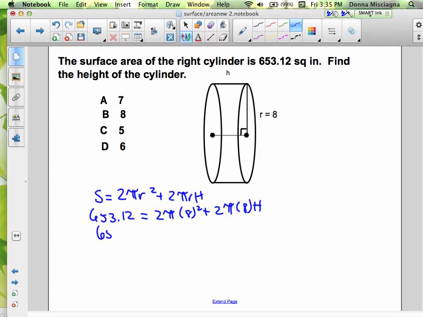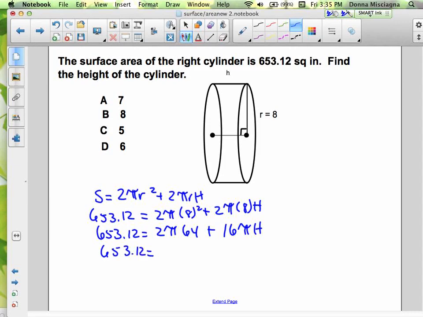So 653.12 is equal to, we got to square first. So we have 2 pi times 64 plus 2 times 8, so let's just write that as 16 pi h. And now we have to multiply the 2 and the 64 together.